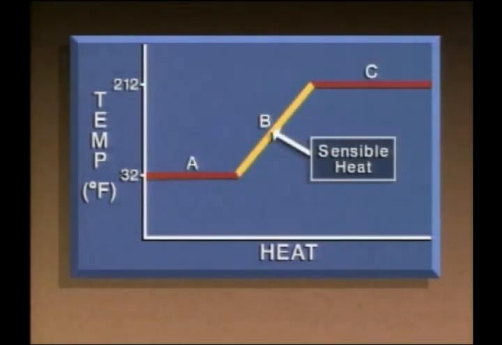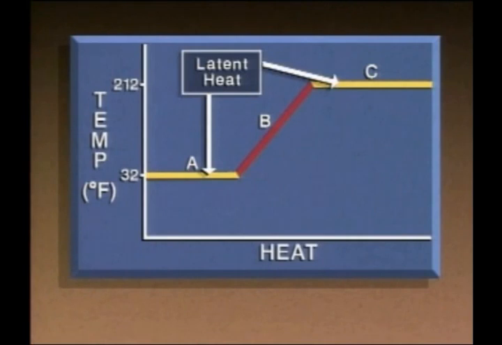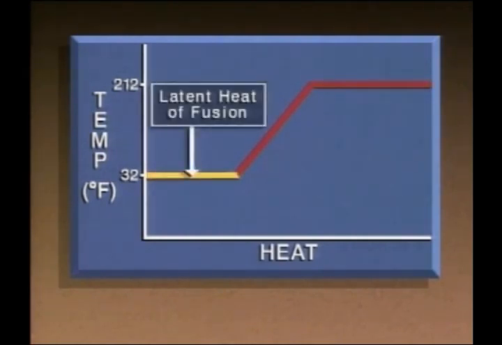Section B represents sensible heat because from this point to this point, the temperature of the water changes as a result of heat transfer. Section A and Section C represent latent heat transfer because there are no temperature changes in these sections, only phase changes. This horizontal line at 32 degrees represents the latent heat of fusion or melting.